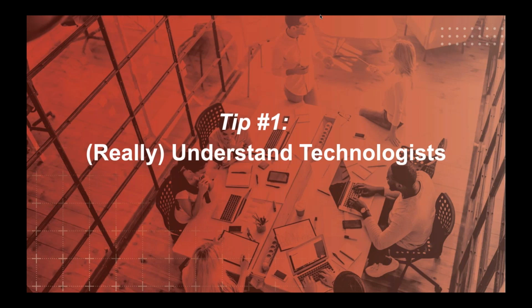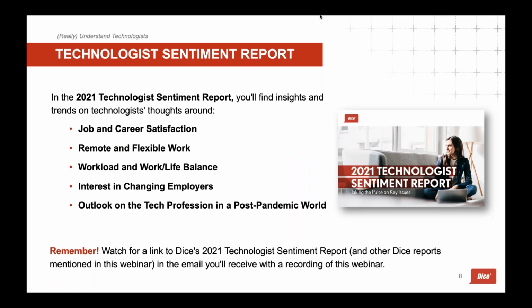It starts with good research and asking the right questions, not just validating our hypotheses, but also attempting to learn where we might be off base. Earlier this year, we released our first ever Technologist Sentiment Report, which took the pulse of technology professionals on key issues, including job and career satisfaction, remote and flexible work, workload and work-life balance, interests in changing employers, and technologists' outlook on the tech profession in a post-pandemic world.